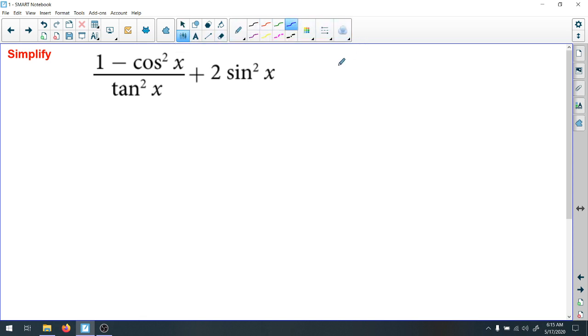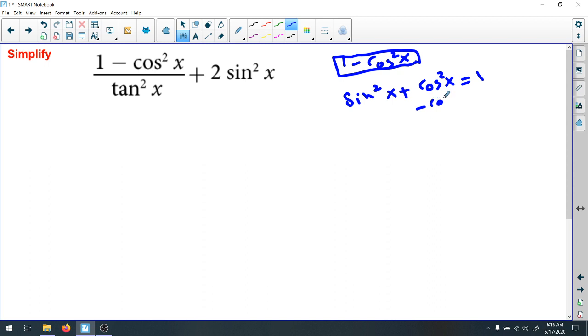Let's do it. So 1 minus cosine square x, we need to find that it's sine square. Look, you know that sine square plus cosine square equals 1. And then if you subtract cosine square from both sides, what happened here?